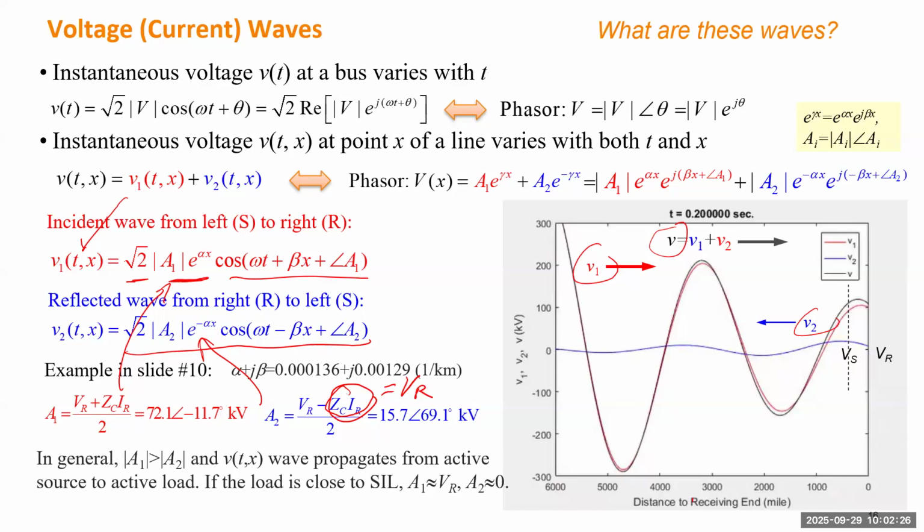So A2 will become 0 and A1 will be the load voltage. If the line is powering a surge impedance load, A2 will be 0 and A1 will be the load voltage, which means on this chart the blue one will become 0, and the red and black will be the same curve moving from left to right.